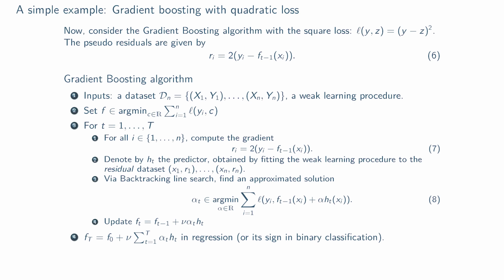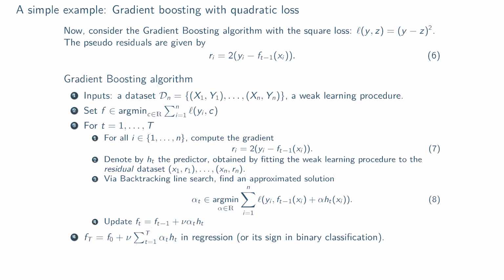To understand this algorithm, let's study the special case of quadratic loss in regression. Note that, in this case, the residuals take the form 2 times yi minus ft-1 of xi, i.e. 2 times the difference between the true label and the prediction of the aggregated predictor of step t-1.